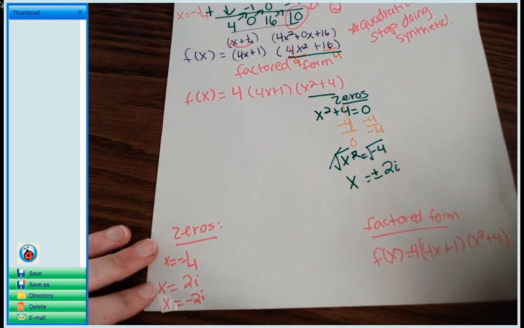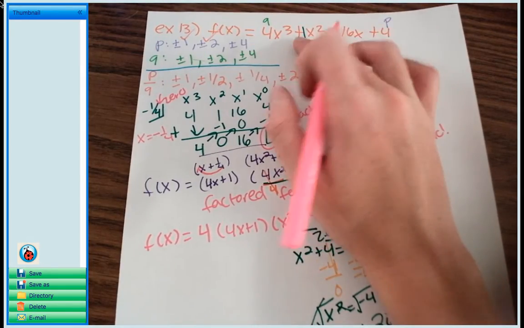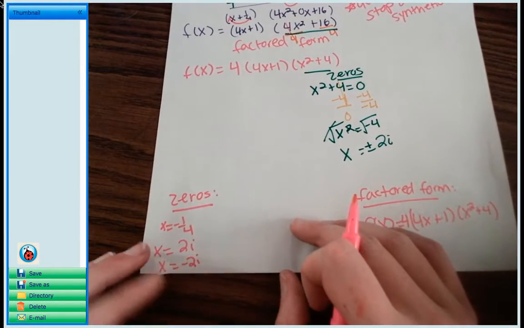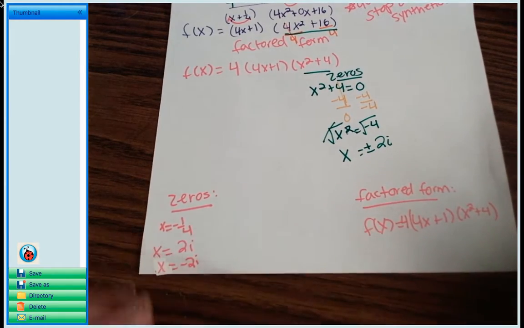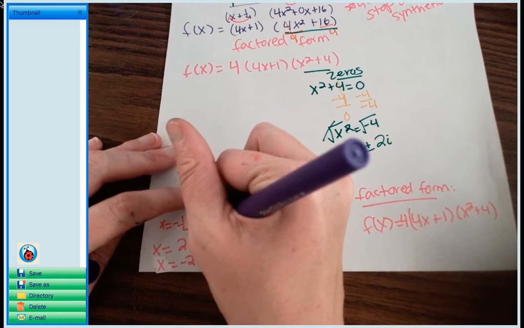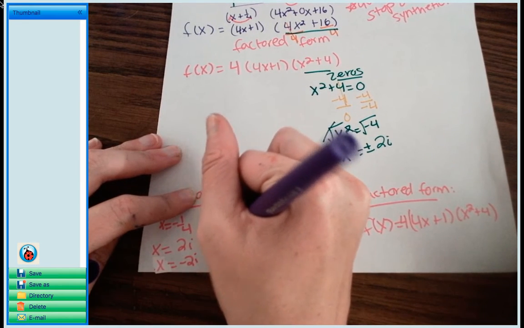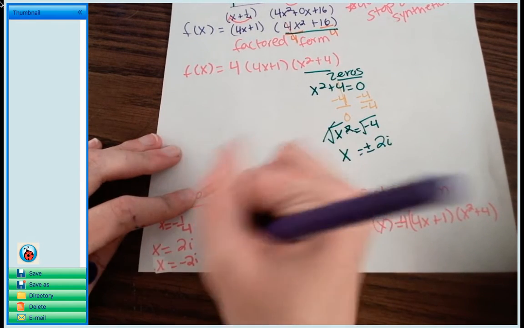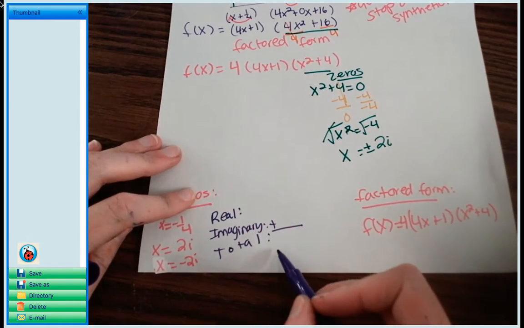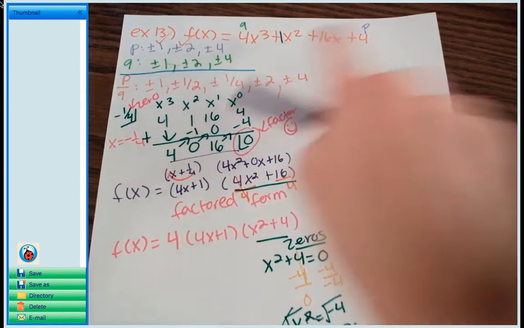Alright, so now we have done it because we have a degree 3, and now we have 3 zeros. Okay, so I have 3 zeros, so these are my zeros. And again, it's always nice to write how many real and imaginary there are. So the amount of real zeros, the amount of imaginary, and our total. Let's see if it worked. Alright, well, my total should be equal to the degree, which the degree is 3.